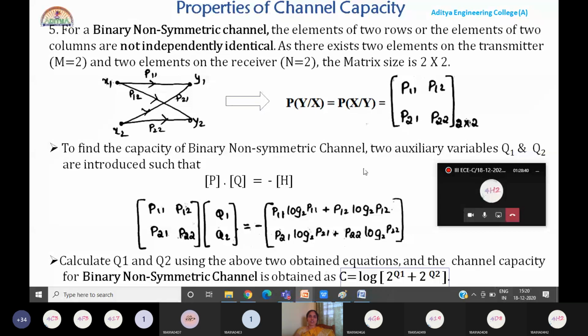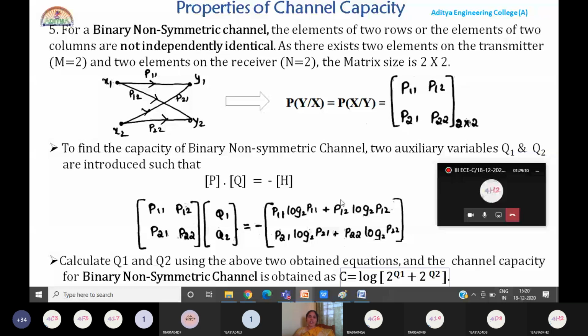This is a general process, or you can say a procedure, for calculating the channel capacity, because all the probabilities are independent of each other, not identical to each other. We have defined two auxiliary variables, Q1 and Q2.